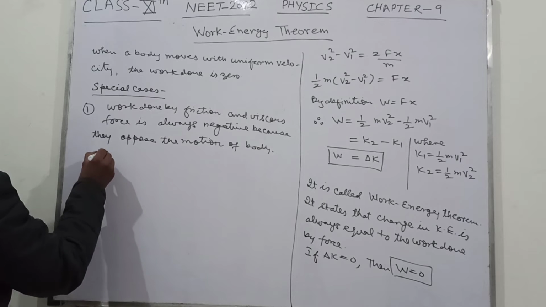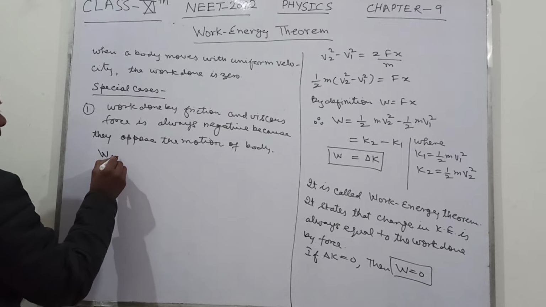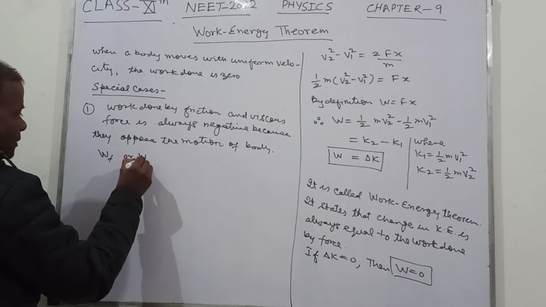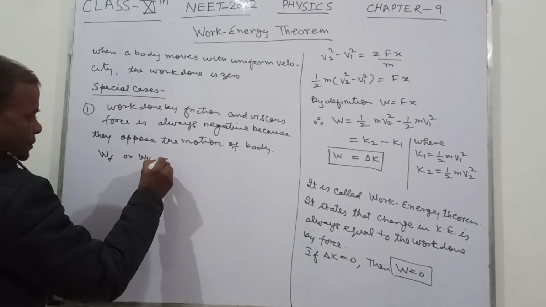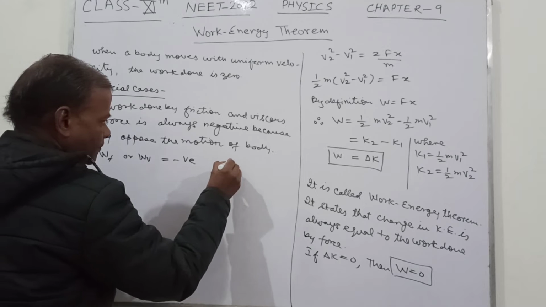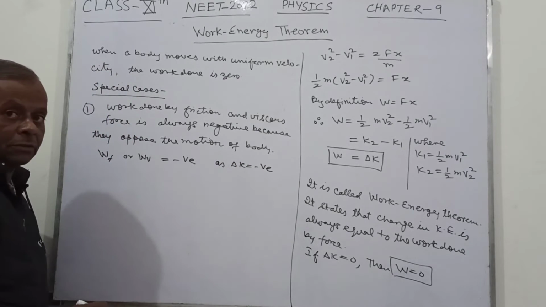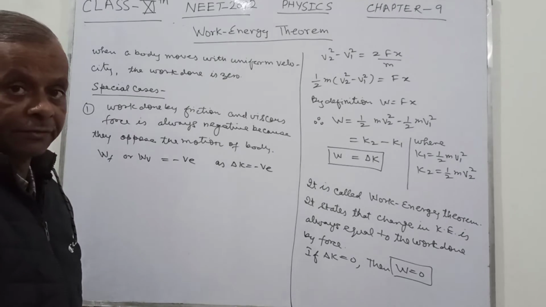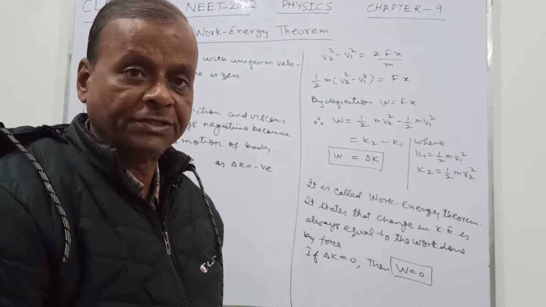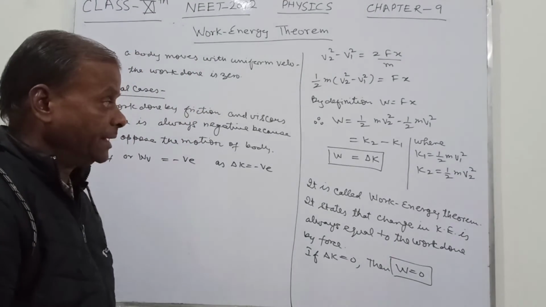So the work done by the friction force or the work done by the viscous force is negative, as delta K is negative. They are always opposing the motion of the body, and so the change in kinetic energy is always negative. So the work done will be negative.